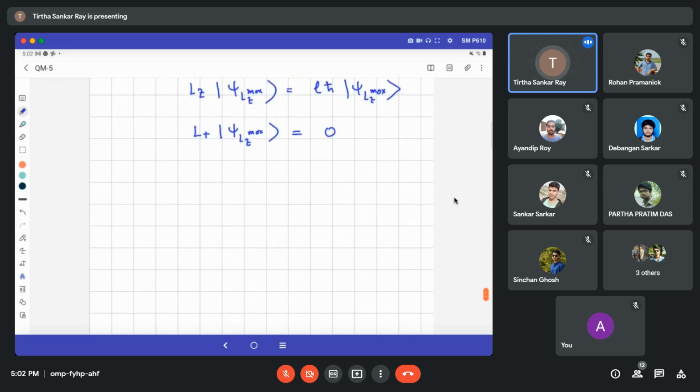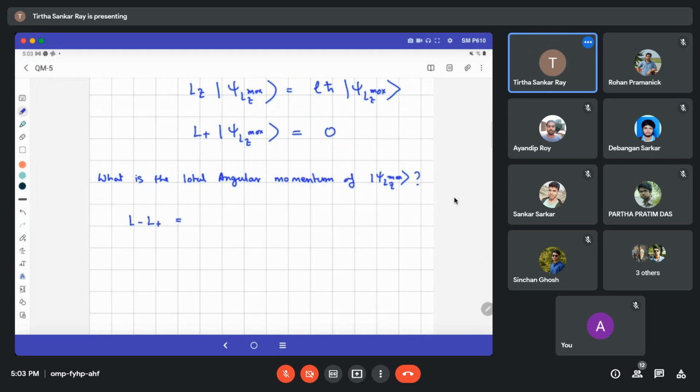Now with this understanding, let us try to figure out our question: what is the total angular momentum of psi Lz max? We want to find this out. In order to do that, let's first find out what L plus L minus is. Let's just figure out this combination of operators.